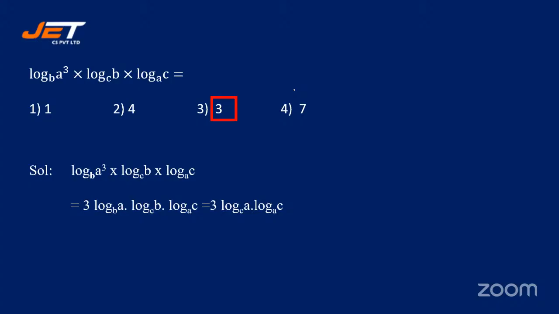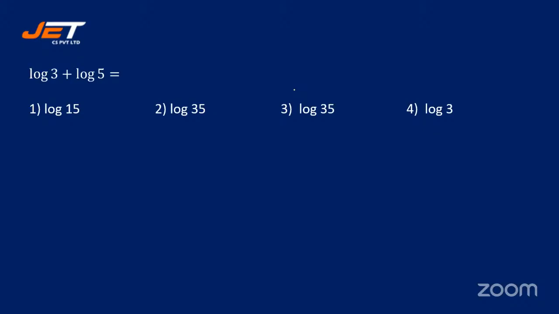That is 3 into log a base c into log c base a, right? So 3 times log a base a, because log c base c will become 1. Finally you have log a base a, which is 3 times 1 is 3. Therefore, your option 3 is the correct answer. All right, see the next question.